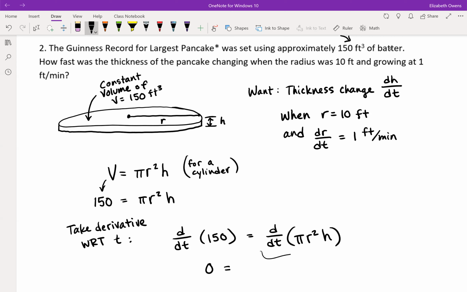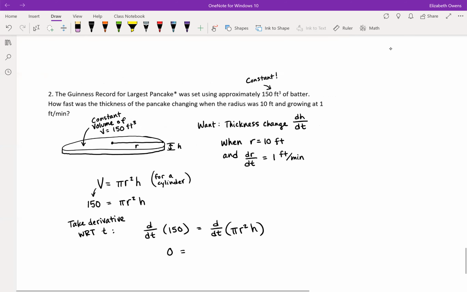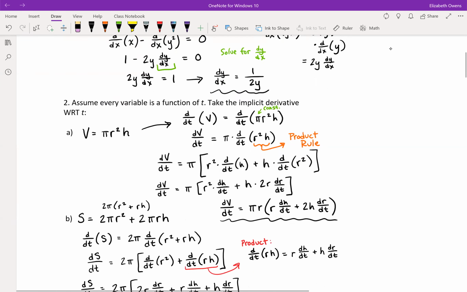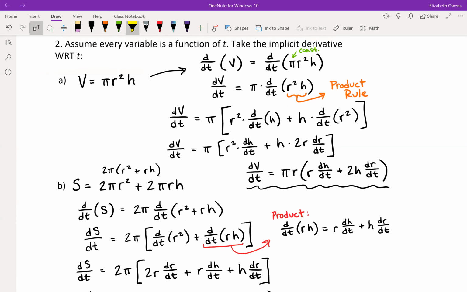And the right-hand side, we actually did already. We did that in the warm-ups. So let's go snag that result. Hey, that looks kind of familiar. So there's a method to the madness here. In our case, with the problem we're looking at, since volume was constant, this rate of change was 0.